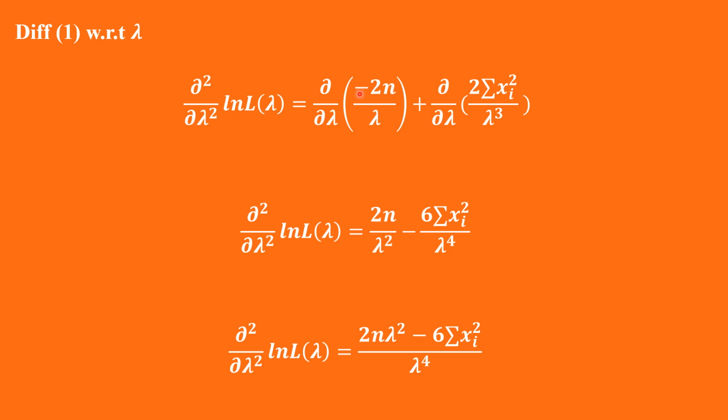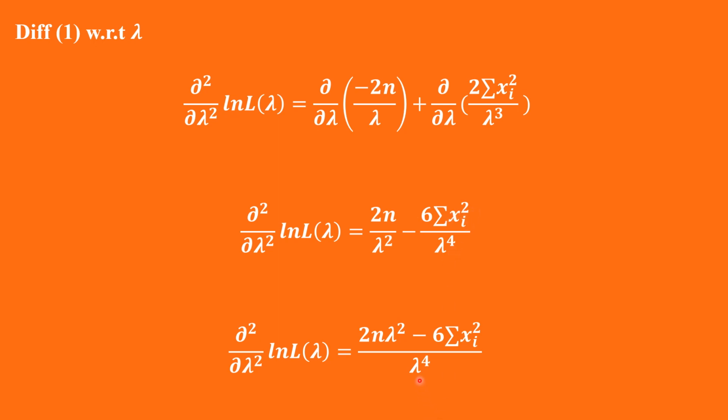We have negative already, so we have 2n over lambda square. The derivative of 1 over lambda cube will be minus 3 over lambda power 4. So we will get 2 into 3, which becomes 6. So we have minus 6 summation xi square over lambda power 4.